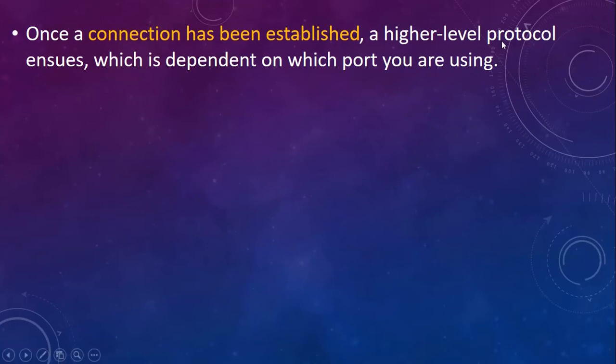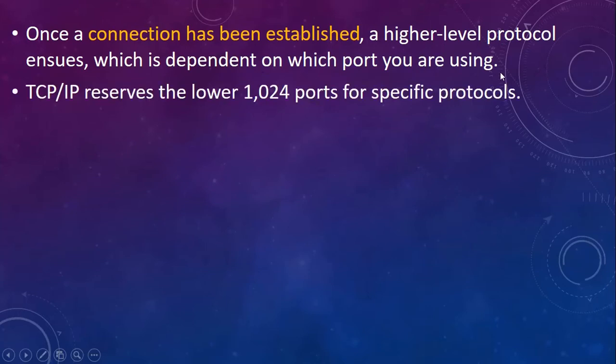a higher level protocol ensures which is dependent on which port you are using. Now TCP/IP reserves the lower 1024 ports for specific protocols. What is this TCP/IP I was talking about? TCP/IP is the stack, the figure which I had just shown you. It starts with the physical layer, then the data link layer, then the network layer, then the transport layer.